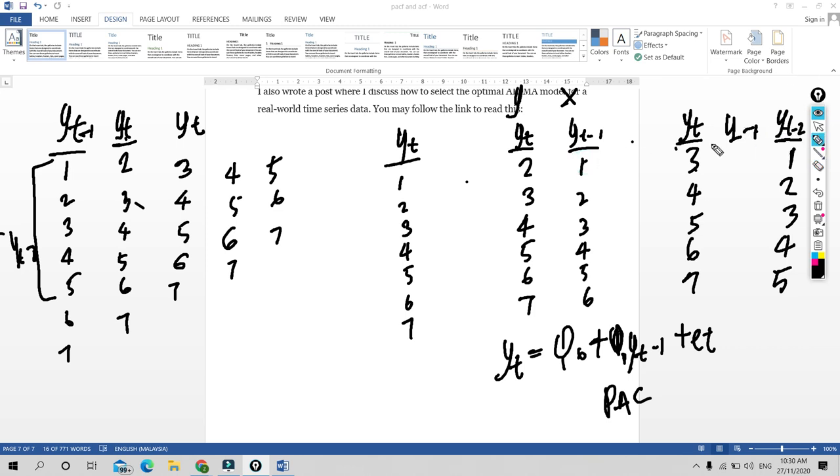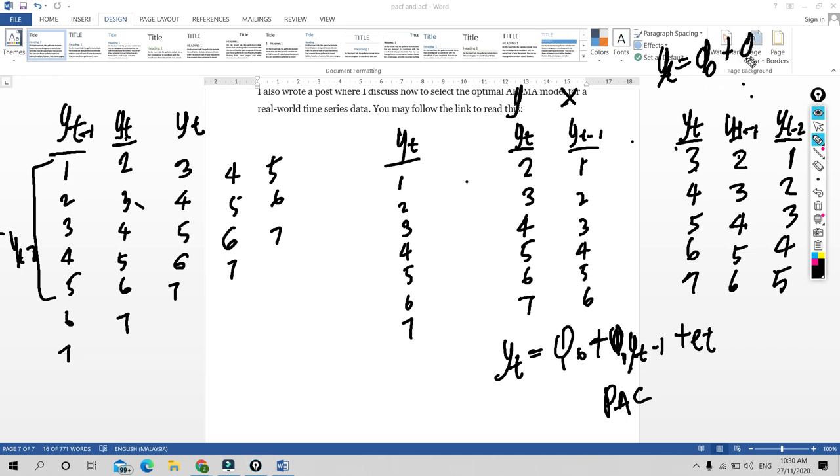If you want to find phi 1, you have to regress YT and YT minus 1. If you want to find phi 2, you have to regress YT against YT minus 1 and YT minus 2. So before that, you need to have data here, YT and YT minus 1 and YT minus 2. So you pick up only phi 2, and this is a PACF for leg 2. This thing apply to leg 3 and so on and so forth.